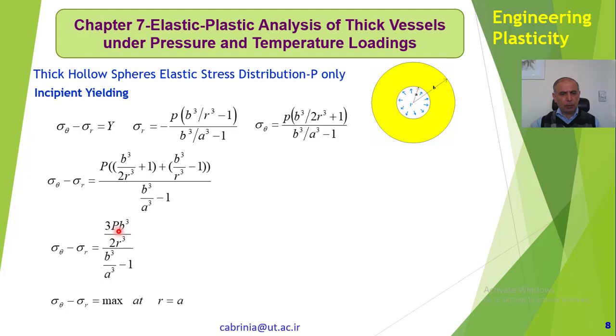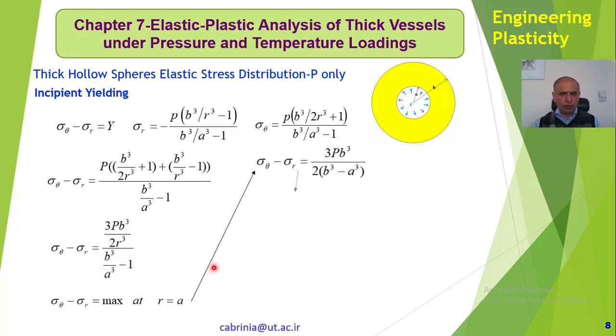So b cube also is constant, so the only variable is r, which is in the denominator. So if that is the smallest value, you get the largest value for that. So it's clear. But if it was not clear, you could have differentiated sigma theta minus sigma r with respect to r, put it equal to 0, and see where you get the maximum. But from this relationship, it's very clear.